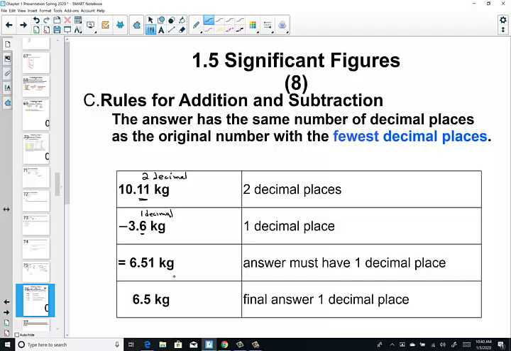The calculator doesn't apply the rules of sig figs. We need to do that. Knowing that we can only report the fewest number of decimals, which was 1 from our problem. The first number we have to drop is a 1, so clearly we won't round. This simply becomes 6.5 kilograms.